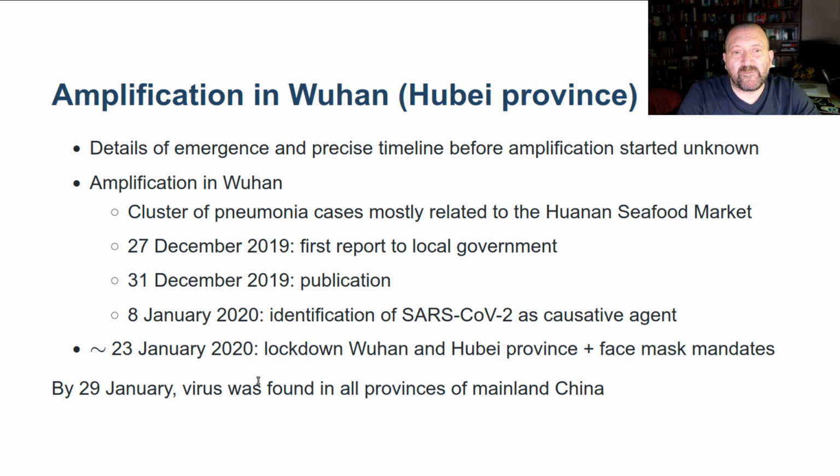Around the 23rd of January, there was a lockdown in Wuhan and Hubei province, where Wuhan is located, and a face mask mandate. But by the end of January, the virus had already been found in all provinces of mainland China. So that lockdown came a bit late. And this is something I'll come back to talk about more in later courses.